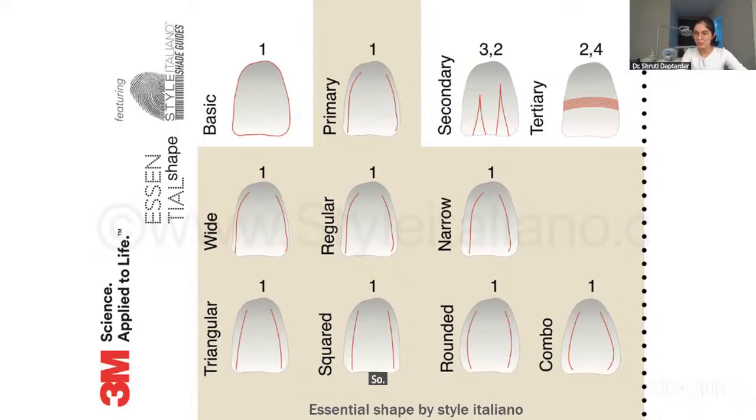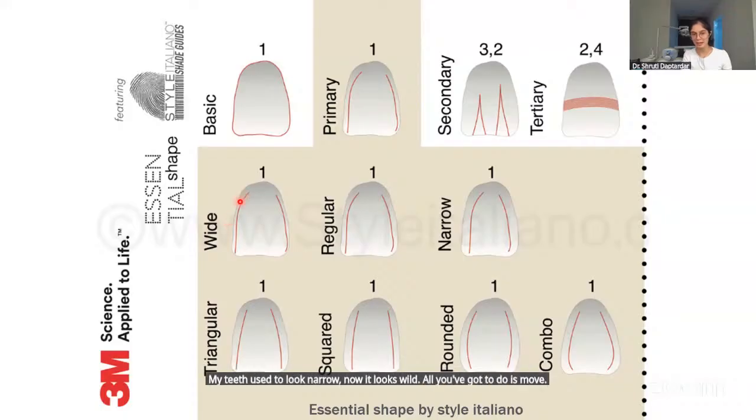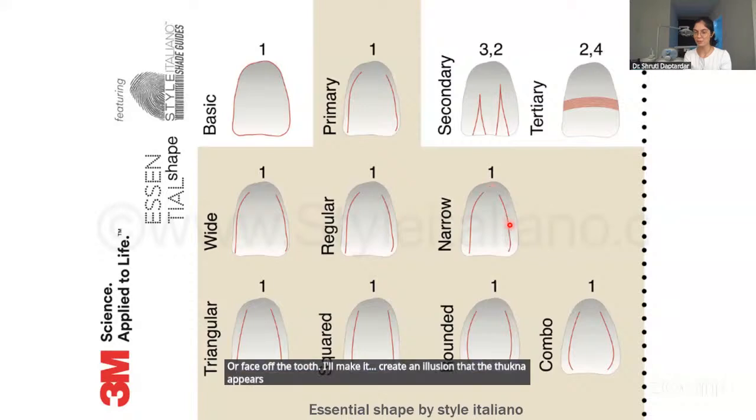So are you going to remove the entire restoration and redo it? No. You are basically going to manipulate your line angles, just your primary surface texture. So if they say, my teeth used to look narrow, now it looks wide, all you got to do is move the line angles from the proximal area onto the surface of the tooth or face of the tooth and create an illusion that the tooth now appears narrow.